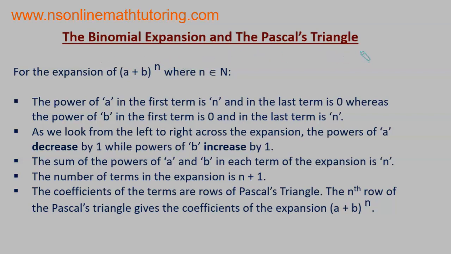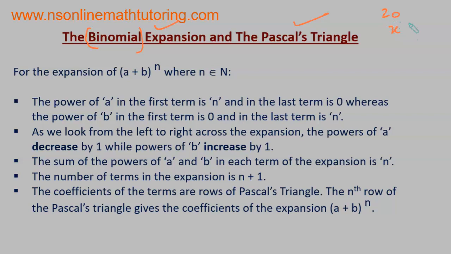Now, what is the meaning of the binomial expansion and what is the meaning of the Pascal's triangle? Fine. So, what is a binomial? We know that if you have a single term, say a constant 20, or a variable x, these are all monomials because you are having only a single term.